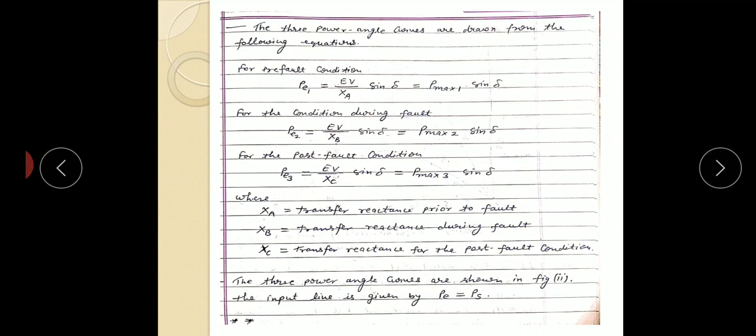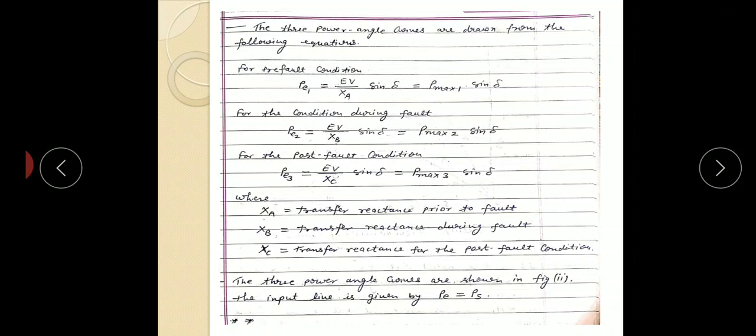So the three power angle curves are drawn from the following equations. For the pre-fault condition, as we know, the equation is P equal to EV by XA sine delta, where the reactance is written as XA. This can also be written as P max 1 sine delta.